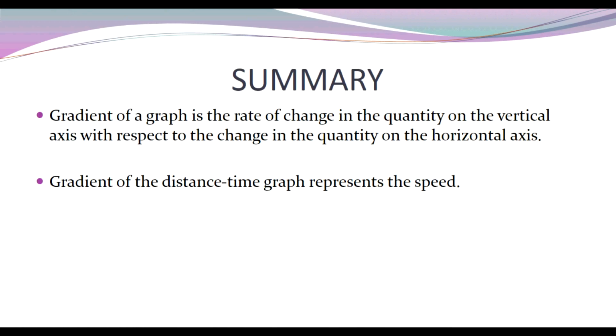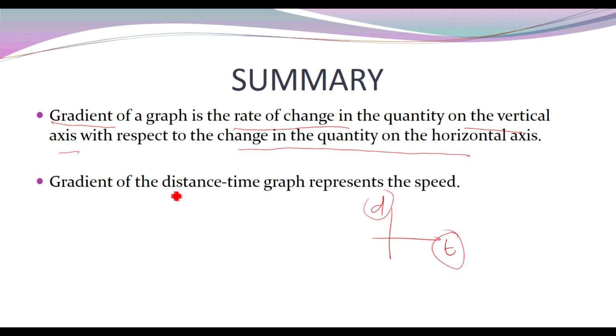What next? Summary. Gradient of a graph is the rate of change. Remember, the gradient of the graph is also called the rate of change of the quantity on the vertical axis with respect to the change in the quantity on the horizontal axis. And for distance-time graphs, it is the rate of change of distance with respect to time.